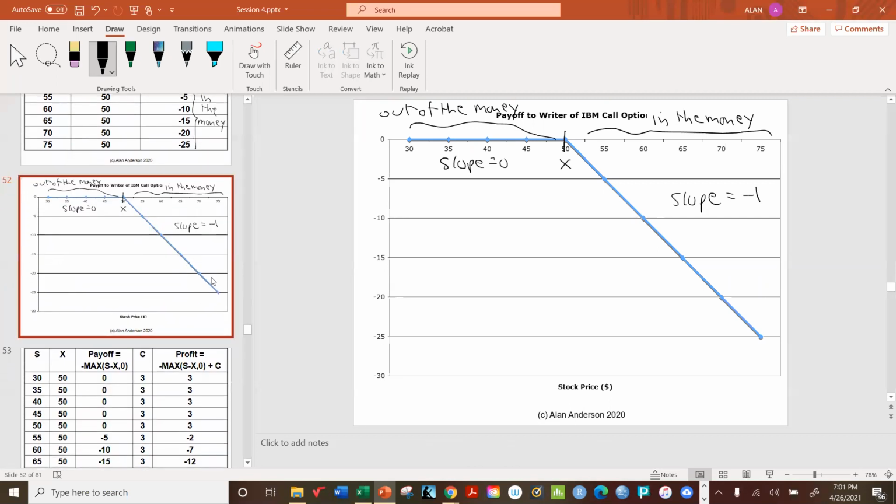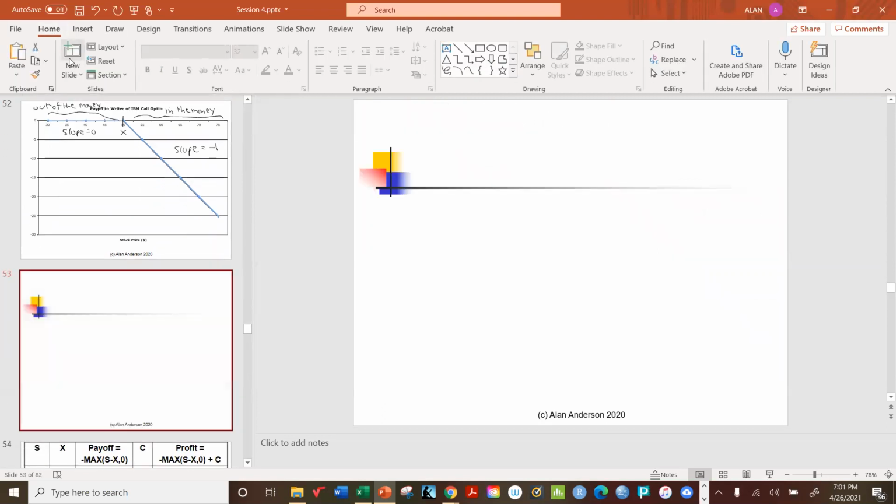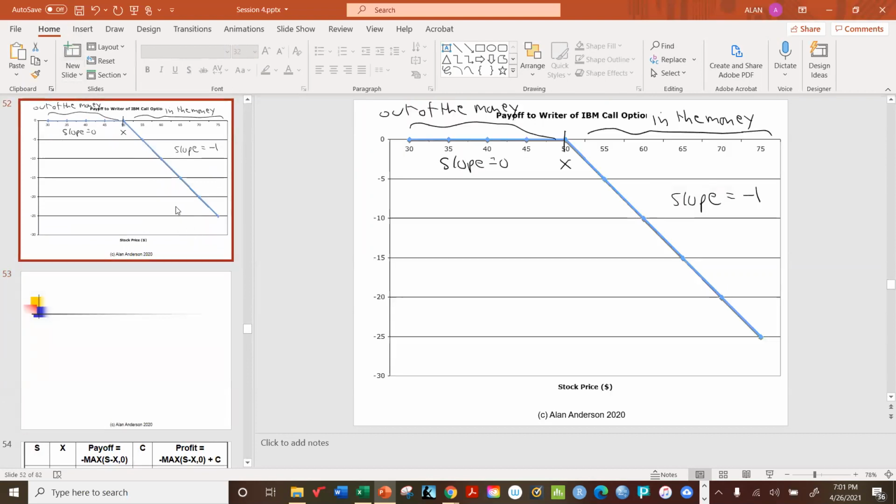So just a quick little reminder, let me draw these both for you together so you can see them all in one place. But I think you're seeing where this is going.